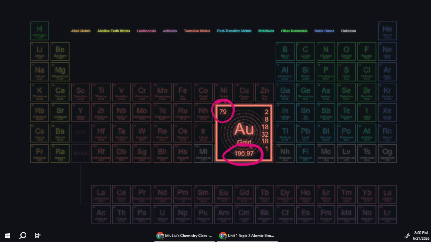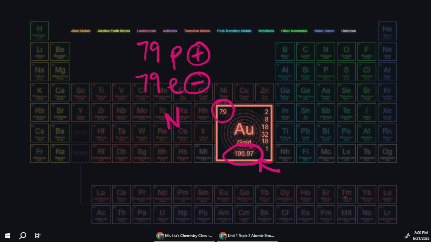So with these two pieces of information, we will know that it has 79 protons. It has 79 electrons. The reason why protons and electrons are always the same number is because protons are positive, electrons are negative. They always balance each other out. The whole element should be neutral. Okay, and then the neutrons is the one that you need to do some math.